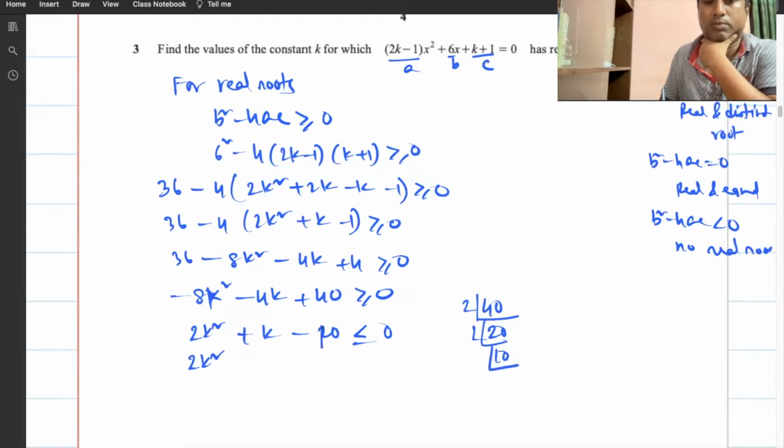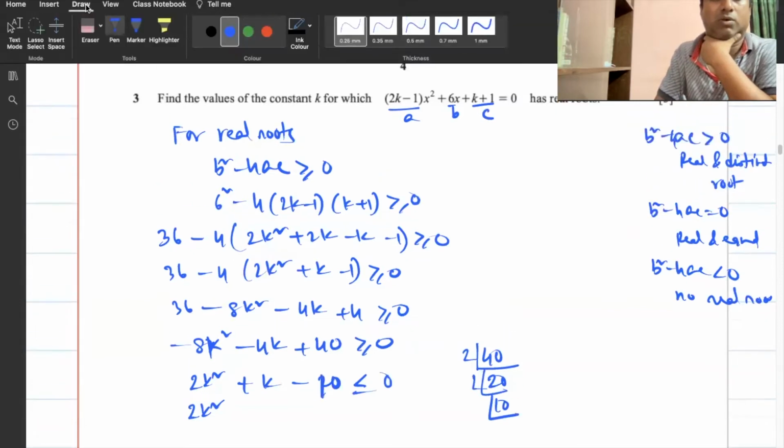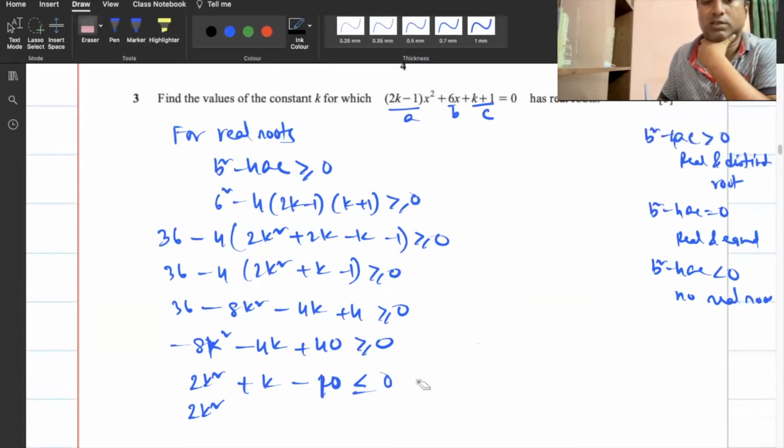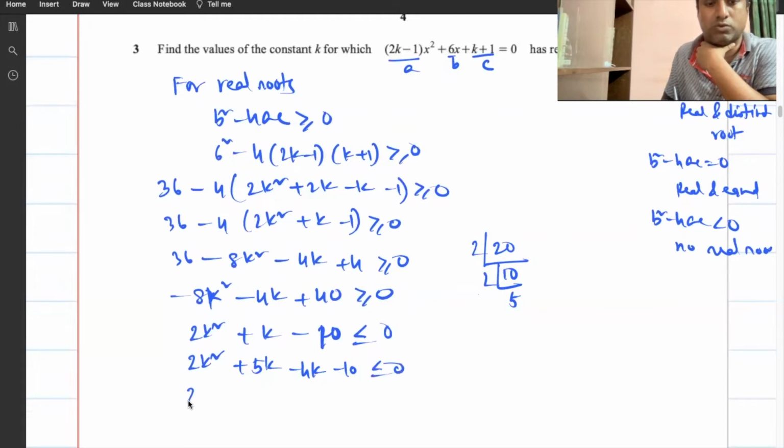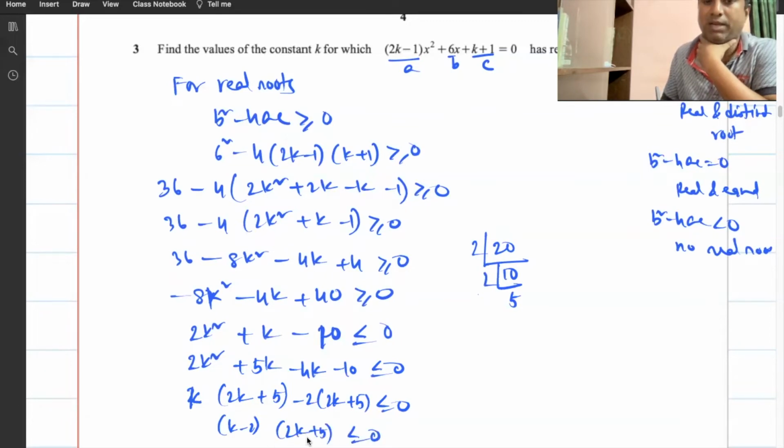Sorry, there will be 10. Now 2 times 10, 2 times 5: 4 times 5 is 20. We can write 5k minus 4k minus 10. So k is common, k(2k plus 5) minus 2 common, so (2k plus 5)(k minus 2). So the critical values can be 2 and minus 5 by 2.